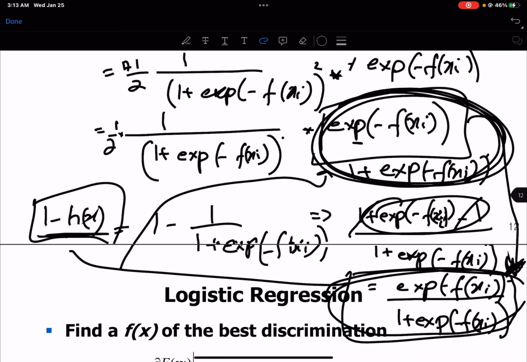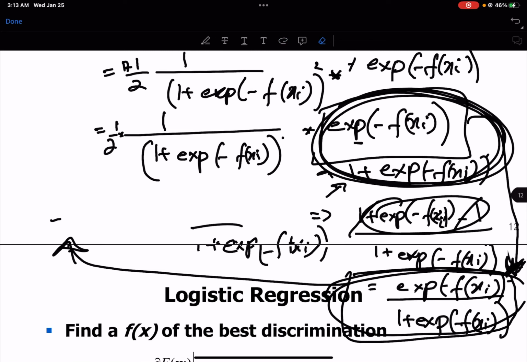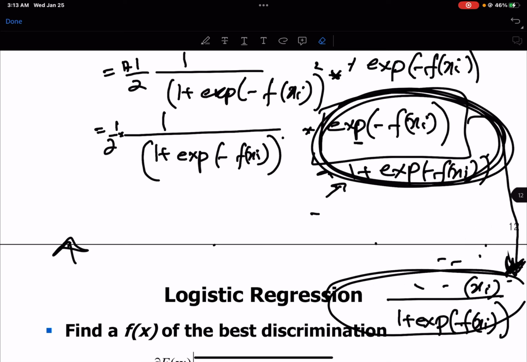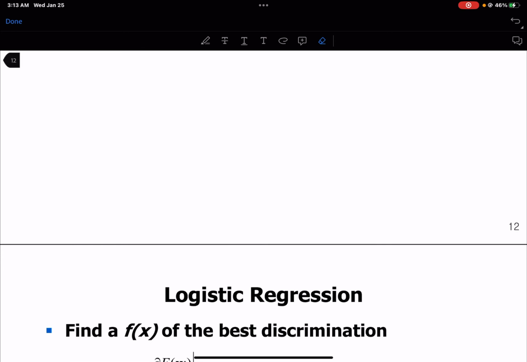So what we can do is replace this value over here. Let's do this. We have estimated what is 1 minus h of xi, and now we are going to replace that in our equation.